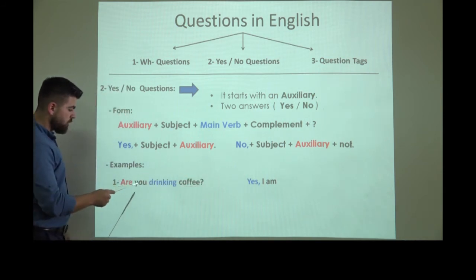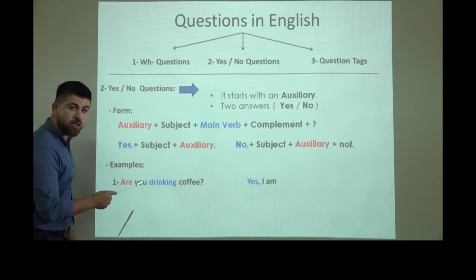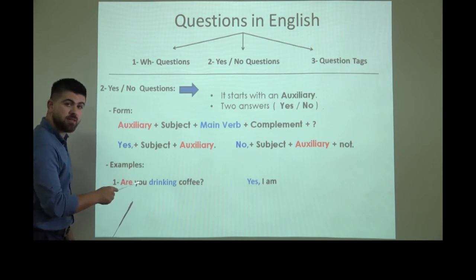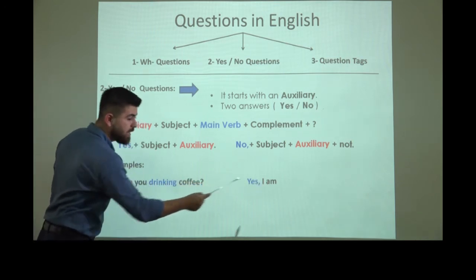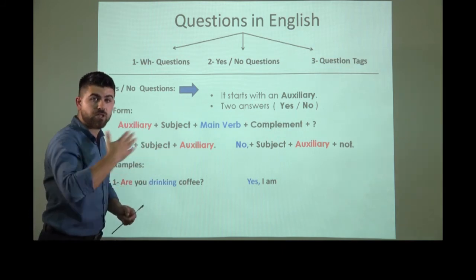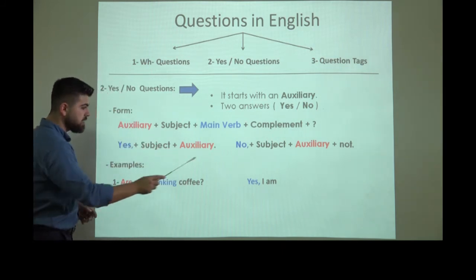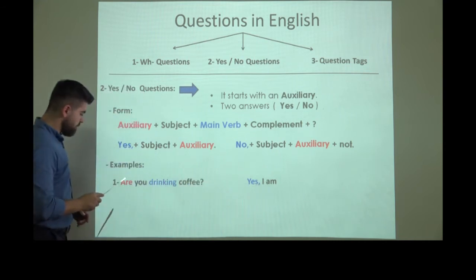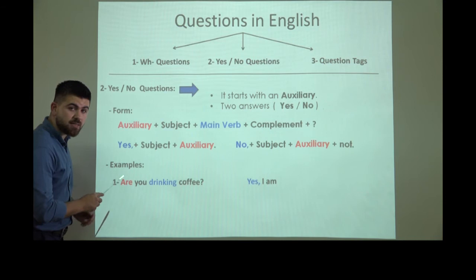So you here الموجودة عندنا هون اليو الفاعل حولت إلى I. You في السؤال تحول في الجواب إلى I. And am here because we have are in the present continuous tense.